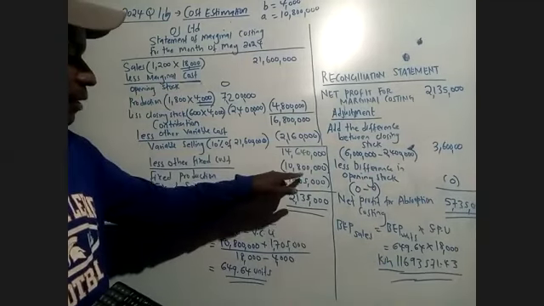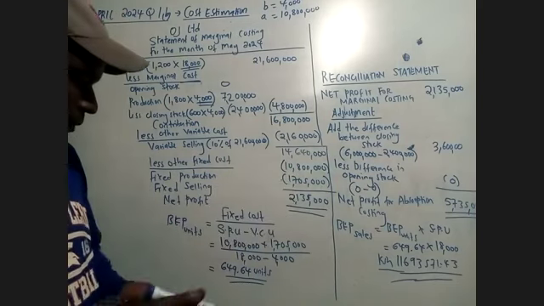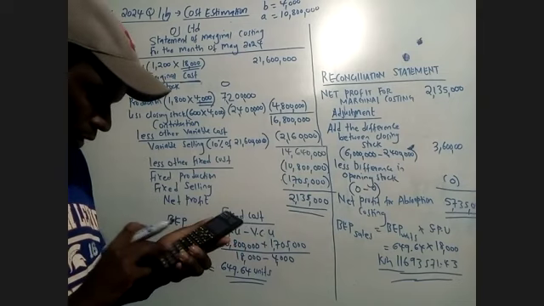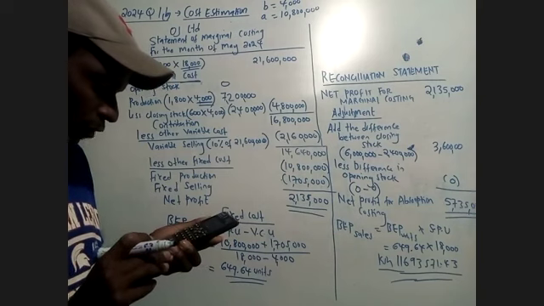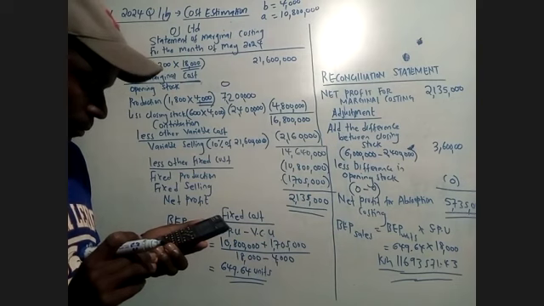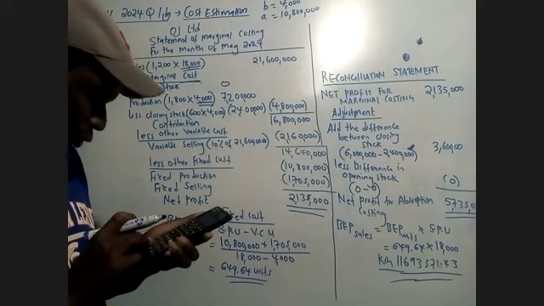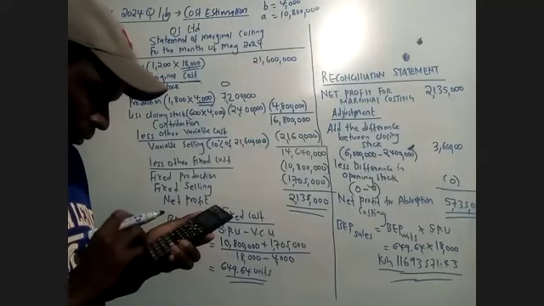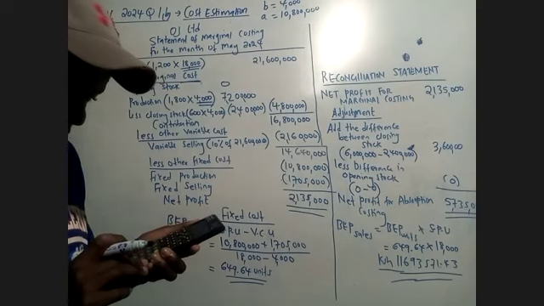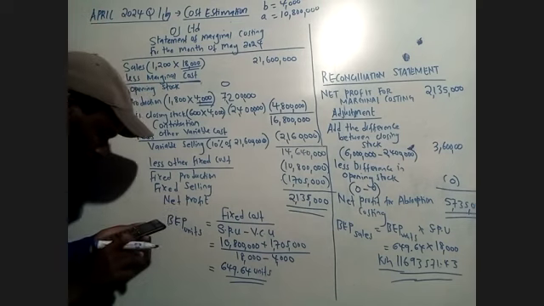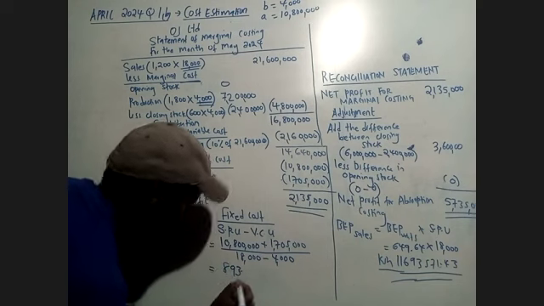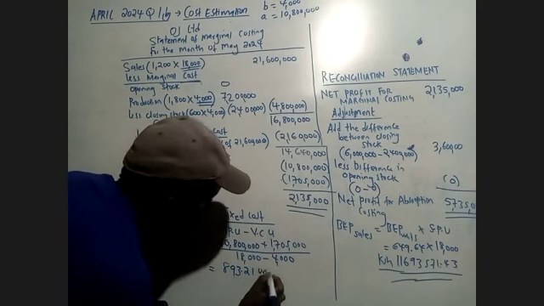So tunachukua 10,800,000 plus 1,705,000, napata 12,505,000. Hiyo ukidivide na 18,000 minus 4,000, inakuja 893.21. Oh, mimi nilifanya vibaya. 893.21 units.